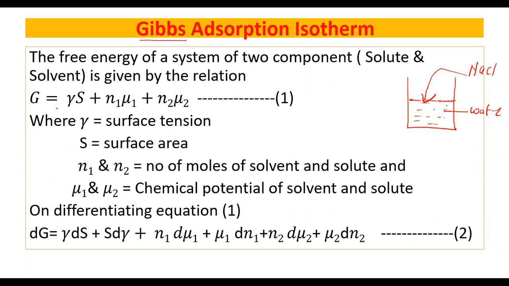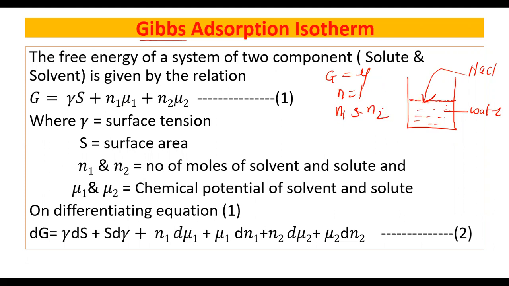Actually, we know the free energy is equal to the chemical potential for a one component system, where the number of moles is equal to 1. But in this case, we consider two components, and the numbers of moles of the two components are N1 and N2.